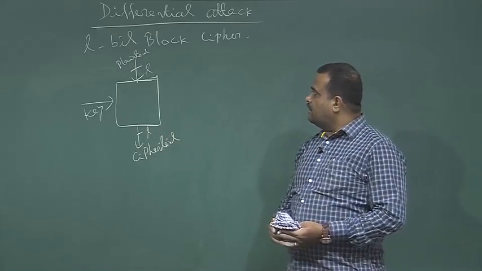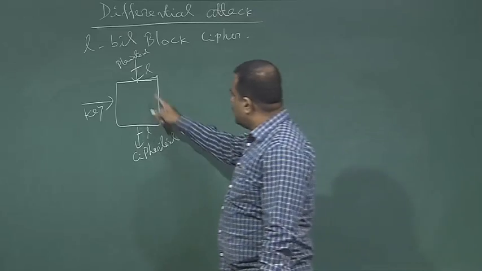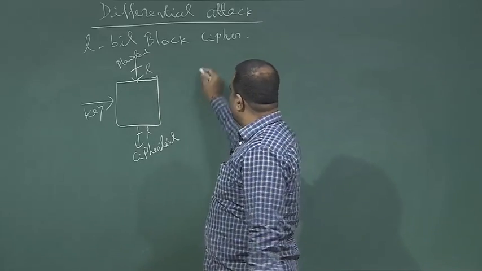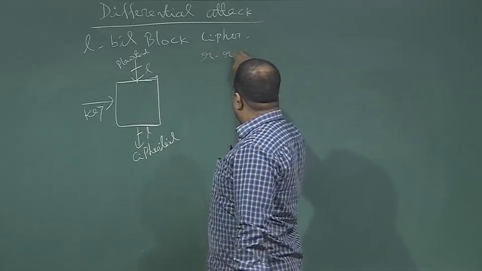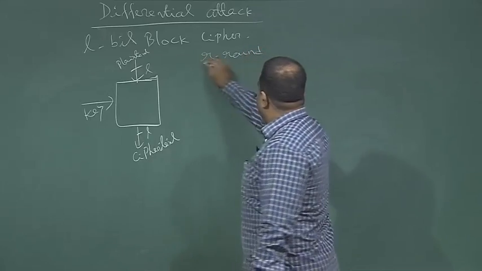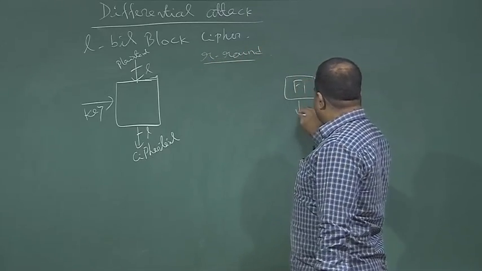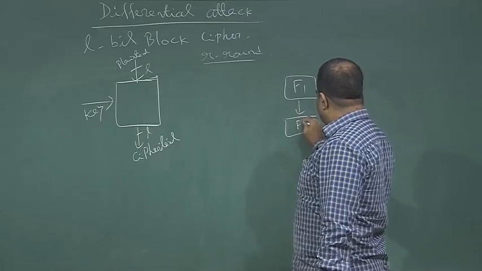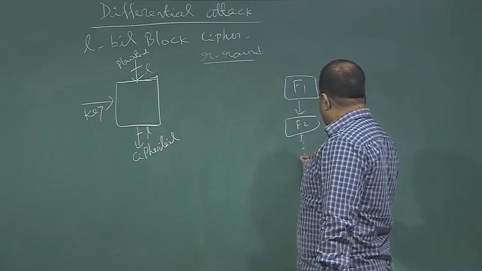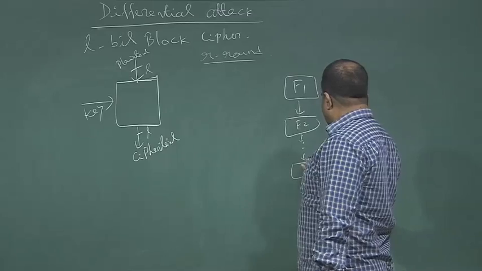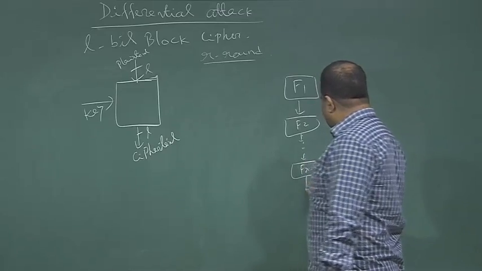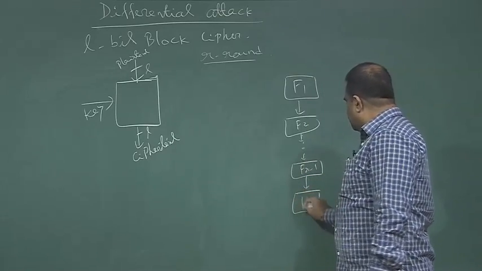And for R rounds, there are R many round functions. Suppose we have an R round block cipher. R round means we have R round functions, F1, F2, dot dot dot, Fr minus 1, and the last round is Fr.